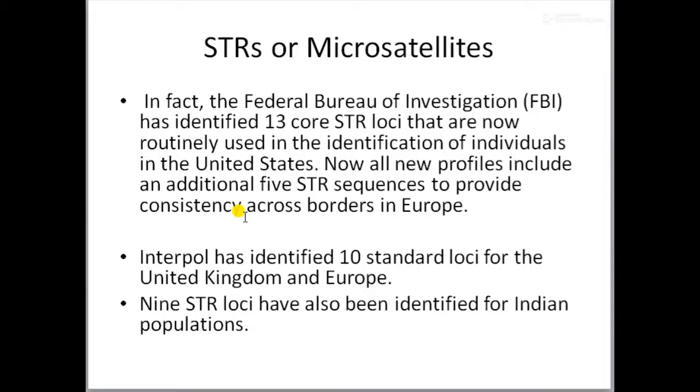Interpol has identified 10 standard loci in the UK as well as in Europe. So depending on the country, the STR analysis is carried out using primers against different STR loci. In the case of India, we have 9 STR loci which we use for the identification of different populations.